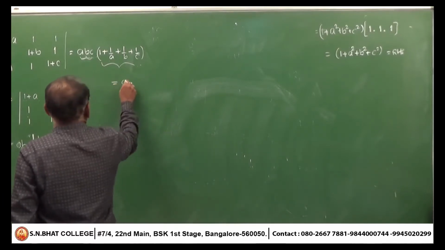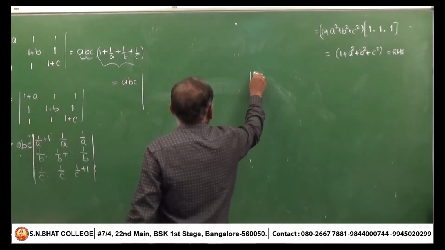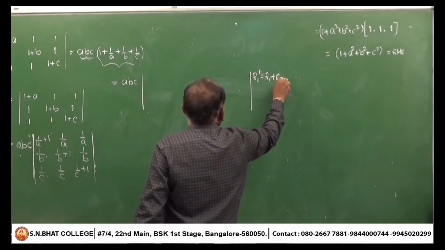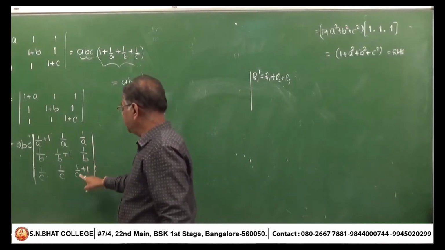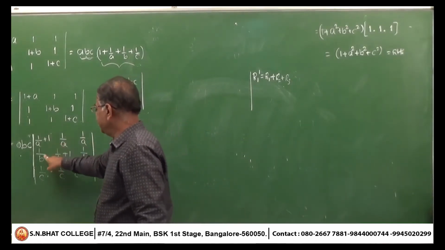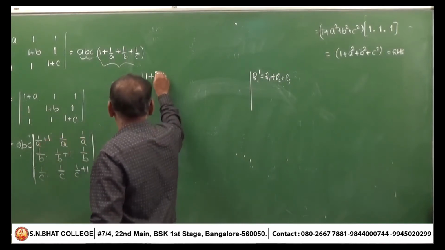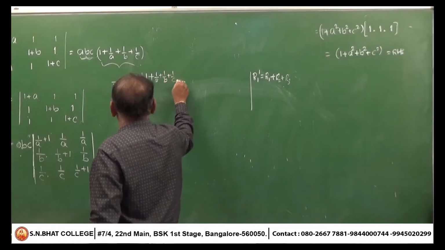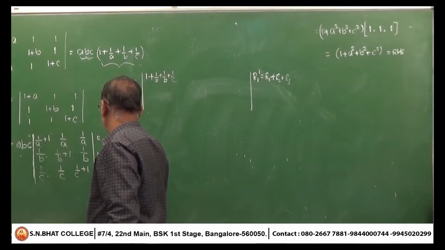Next operation is R1 dash is adding all the 3 rows, R1 plus R2 plus R3. If you add these 3, the first element is 1 plus 1 by A plus 1 by B plus 1 by C. Add the 3 rows, R1, R2, R3.